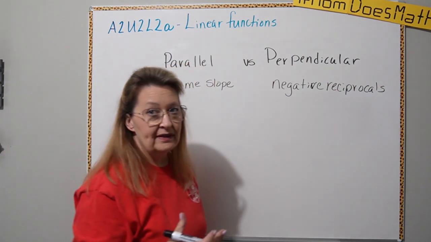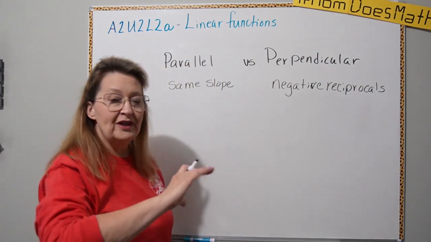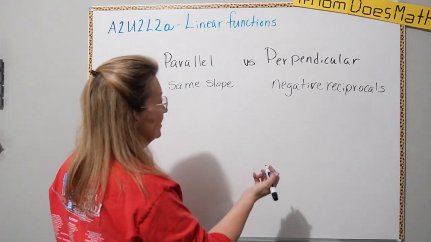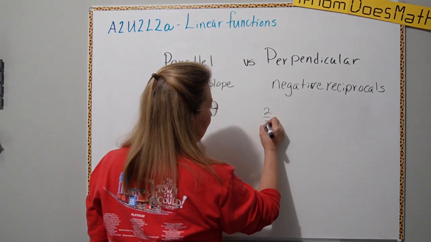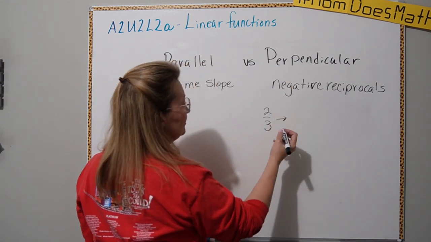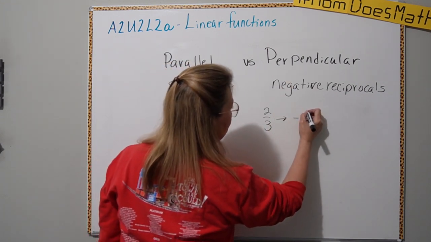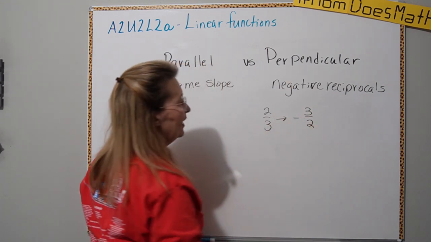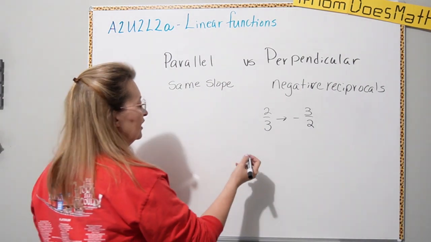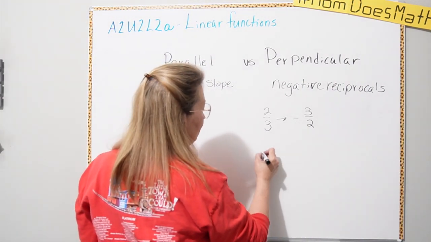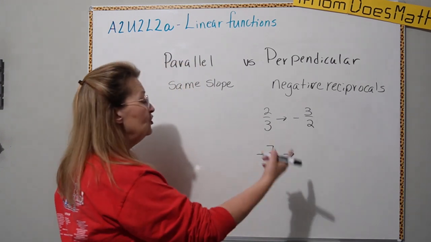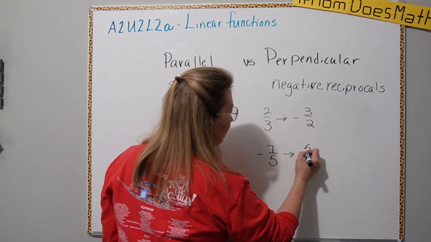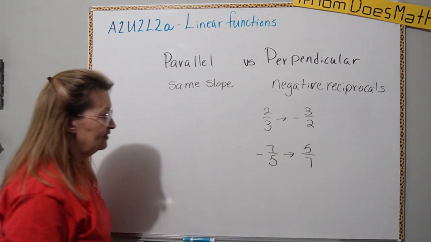It's the opposite of, and reciprocal means you flip it upside down. So, for example, if your given line has a slope of 2/3, then the perpendicular line has a slope of -3/2. If your given line has a slope of -7/5, then your new line has a slope of +5/7.